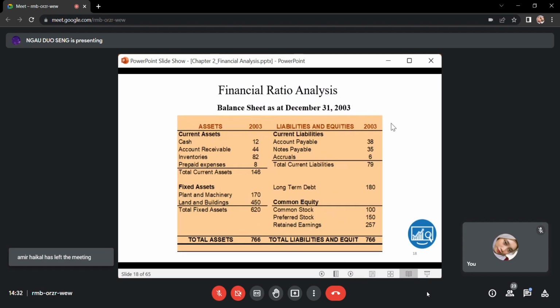This is a balance sheet. So you print screen lah. Right, done.